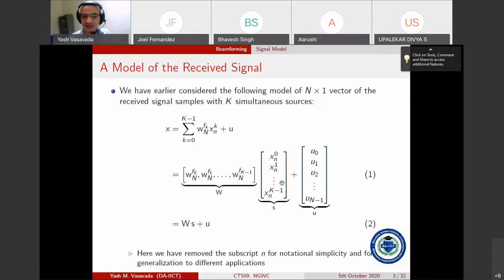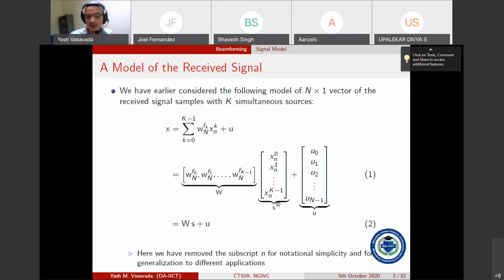And secondly, the individual elements, x0, x1, xk minus 1, are all real valued, because for 8 PSK we have considered the two perpendicular dimensions as two column vectors. And so these samples of S vector are all real valued.